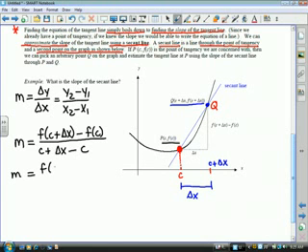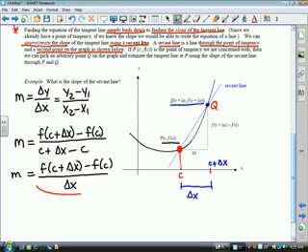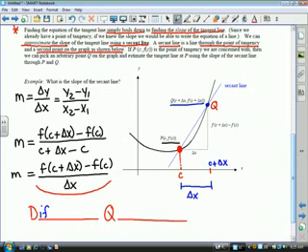And then what happens is what? The c's cancel, and we get this thing. What's that called? Difference quotient. You need to know that name. It is the difference quotient.